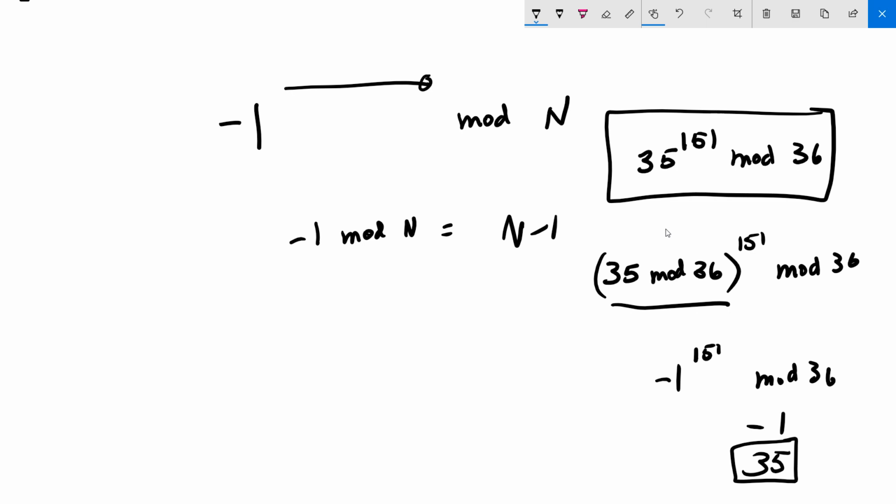All right, so let's just do one more. What about 3 to the 100th power mod 26?